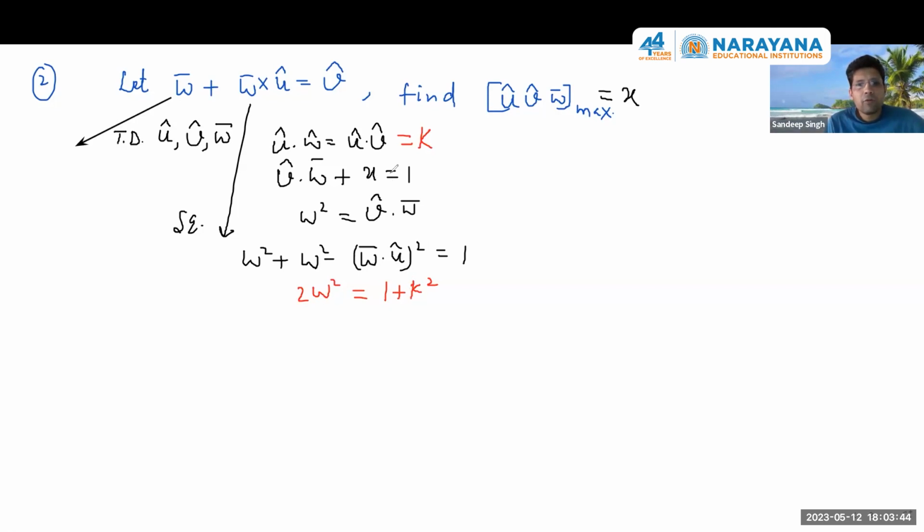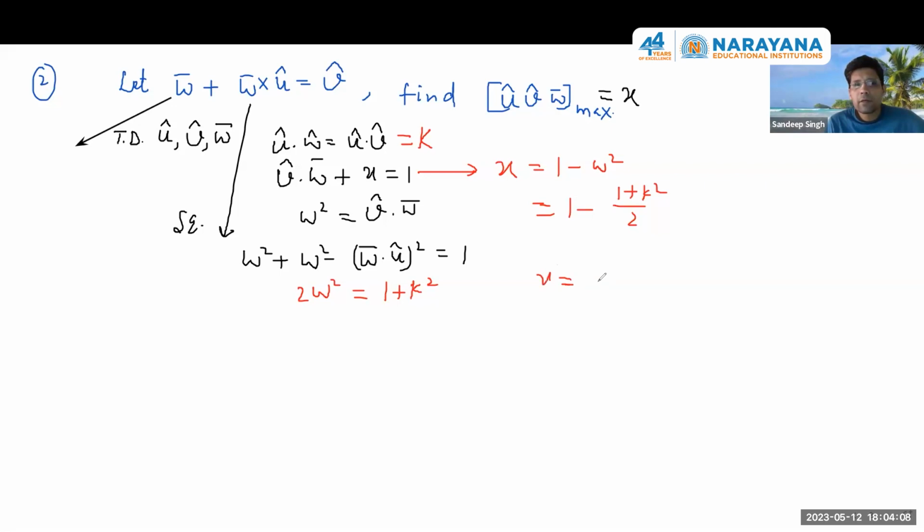So what is the value of X from the second equation? So X is 1 minus v dot w. And see here, v dot w is w square. So 1 minus w square. And w square you can substitute from the last equation. So 1 minus (1 plus K square) by 2.